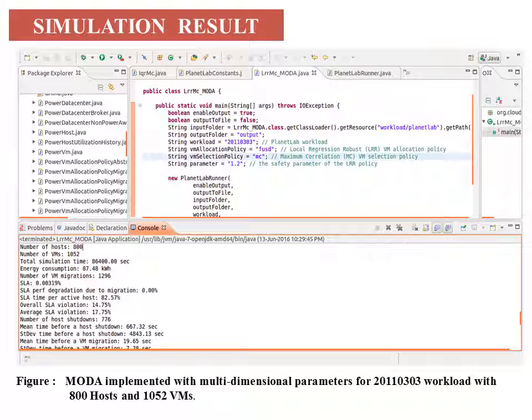So this is the simulation result I got by running this MODA technique, where this multi-objective, multi-dimensional overload detection algorithm tries to implement this workload, for this particular workload with 800 hosts and 1052 VMs, and we find that the energy consumption, as you can see, is 87.48 kilowatt hour, which is much less than the already existing LRR and IQR methods.